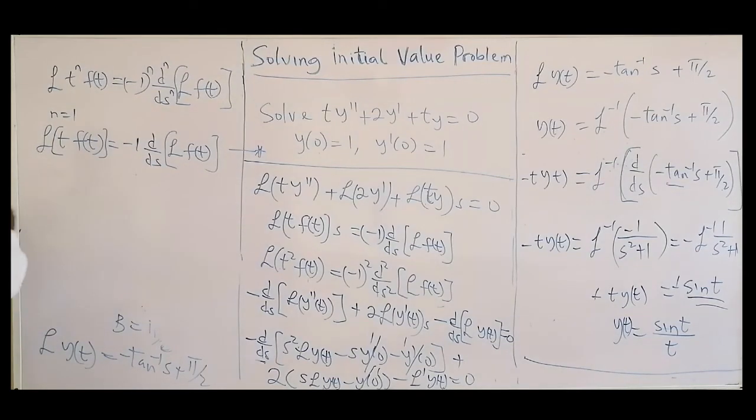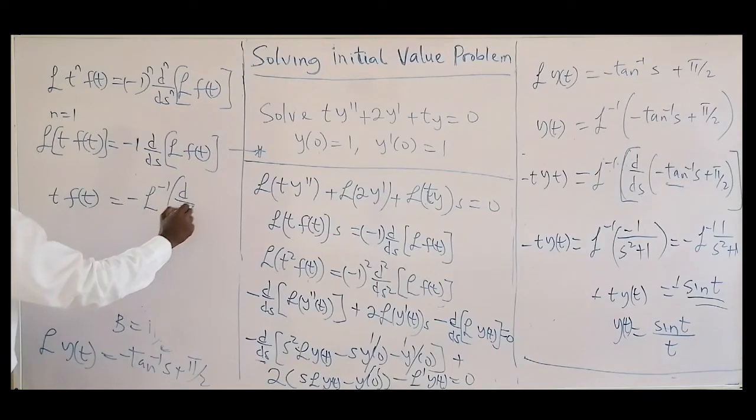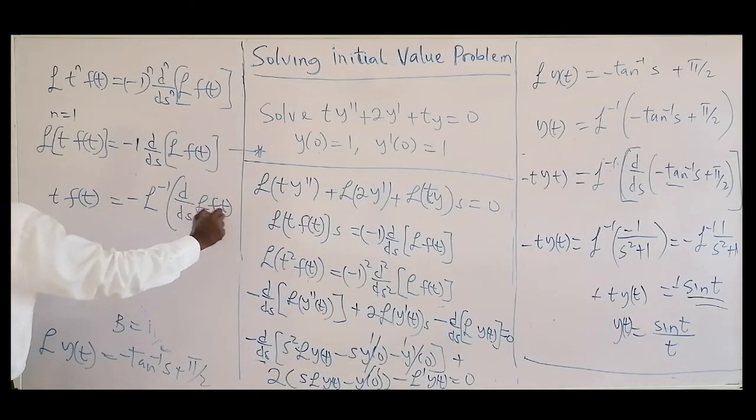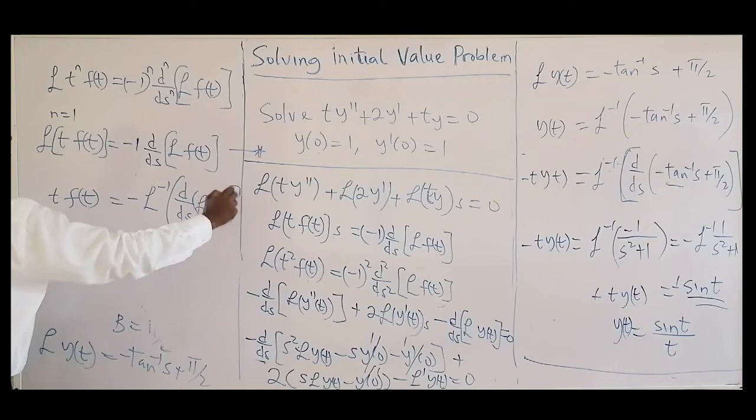Take the inverse of both sides, then you have t f of t equal to minus the inverse of d dx of Laplace of f of t.